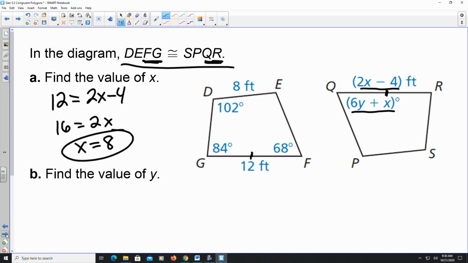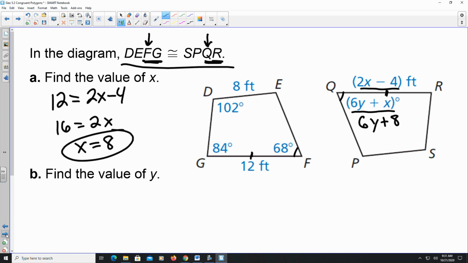All right, so now that I know that it is 8, I can say that angle Q now is 6y plus 8. And Q is the third letter in this statement, so the corresponding angle for this would be F. So F is 68 degrees.